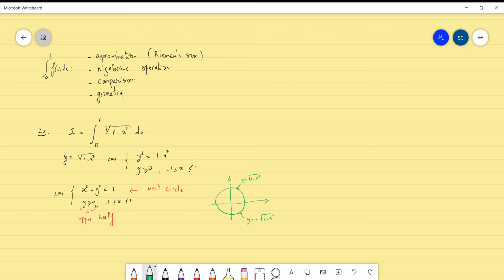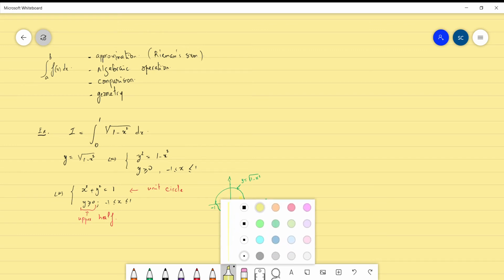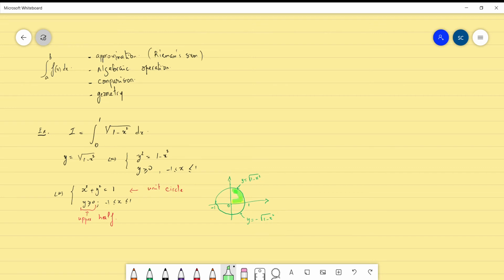I am looking for the area from minus 1 to 1, and here is 0. I'm looking at the area over the interval [0, 1] under the curve. So that is this region. Let's change the color, take the green color. This is the area I need to compute. Here is my number I want to compute.